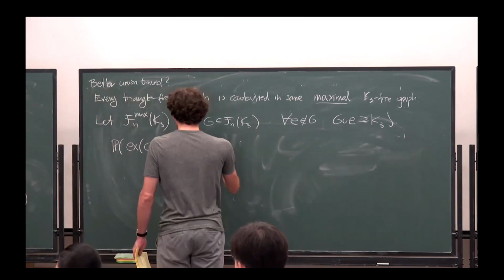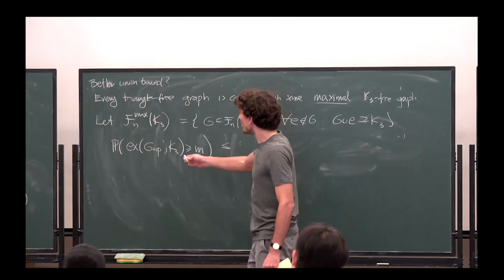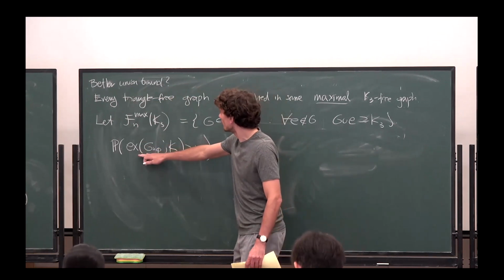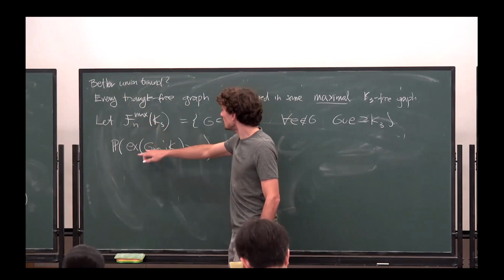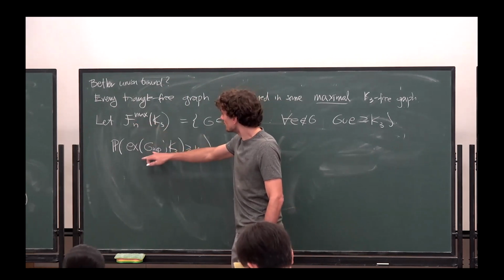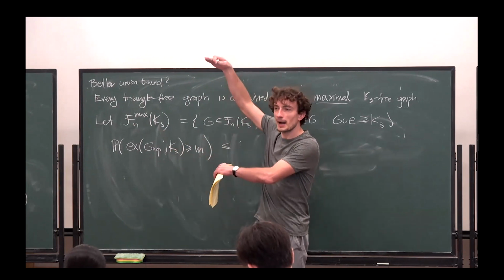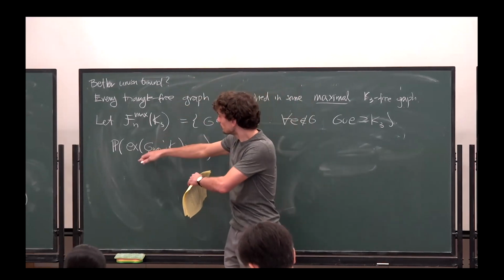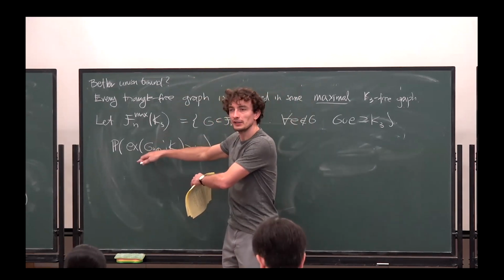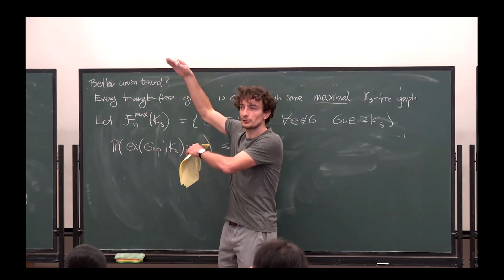And now I can use the union bound, since every triangle-free graph is contained in a maximal triangle-free graph. If G(n,p) contains some triangle-free graph with m edges, this graph is contained in some maximal triangle-free graph. Now, in particular, the number of edges in it cannot be larger than the intersection of G(n,p) with this maximal triangle-free graph.